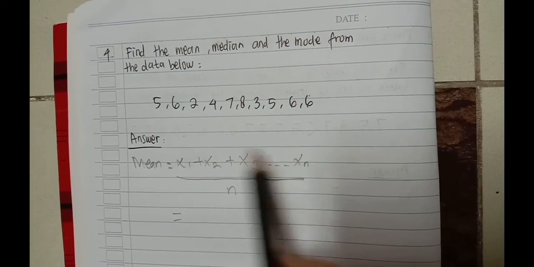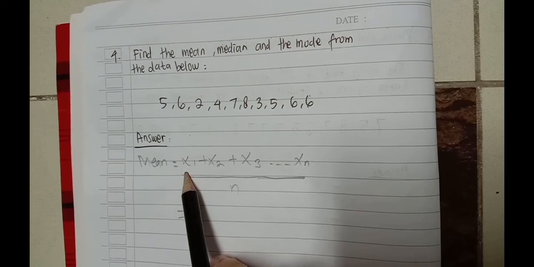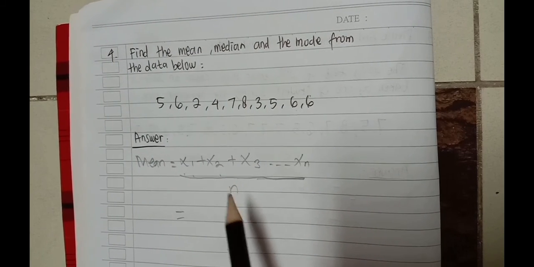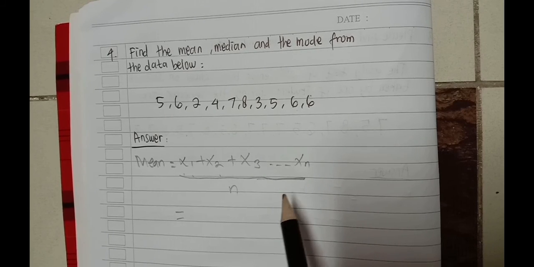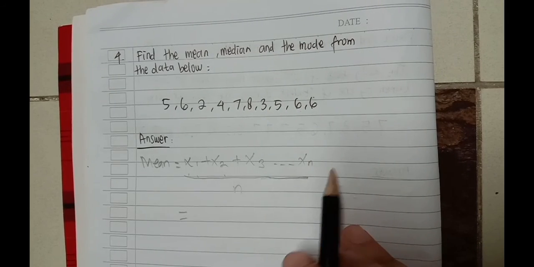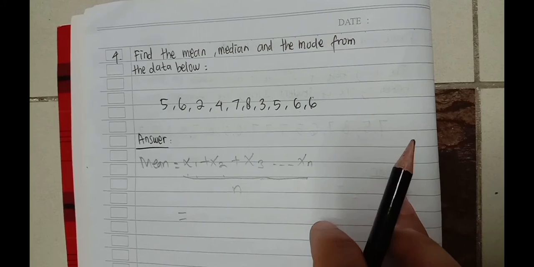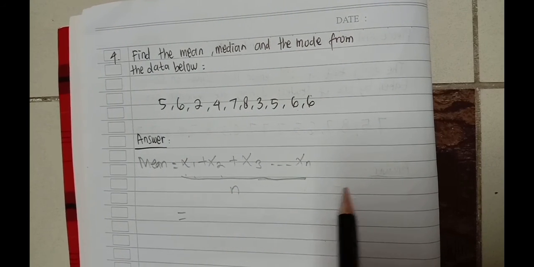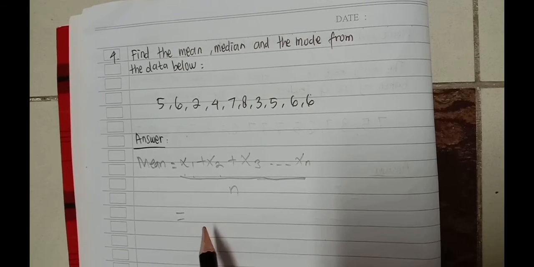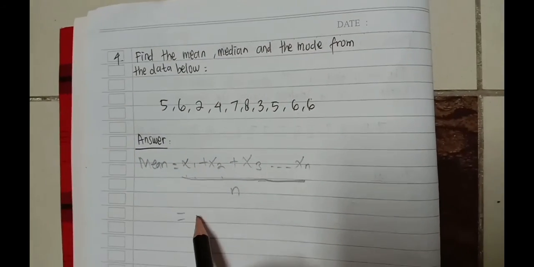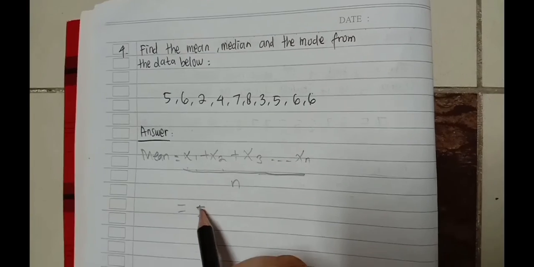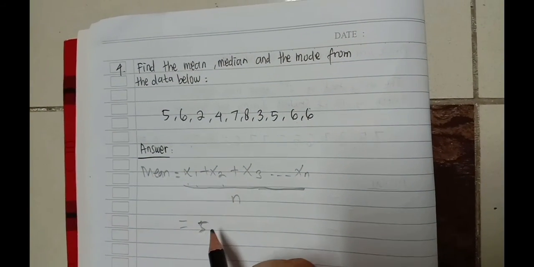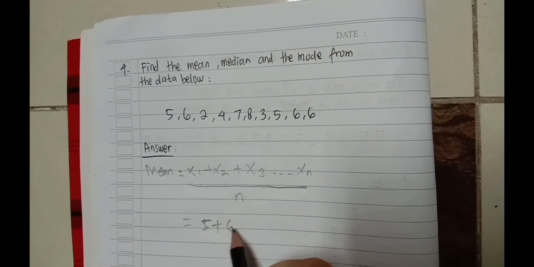And this is the formula of the mean: x1 plus x2 plus x3 and so on up to xn, like I said before, divided by the number of values. We put all of the numbers in here.